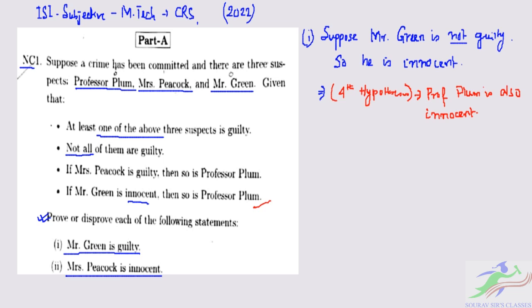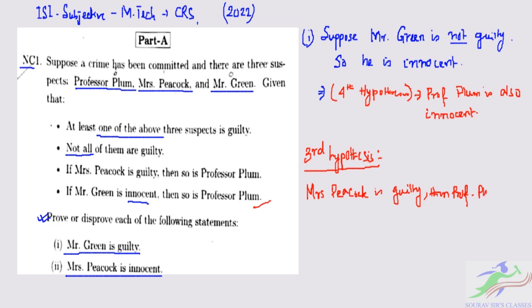Third hypothesis says, from the third hypothesis we can get that if Mrs. Peacock is guilty, then Professor Plum is also guilty, right?